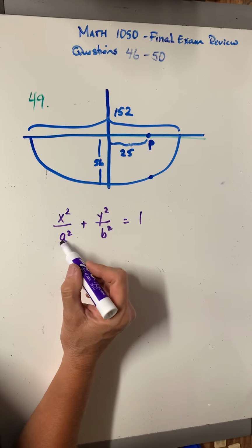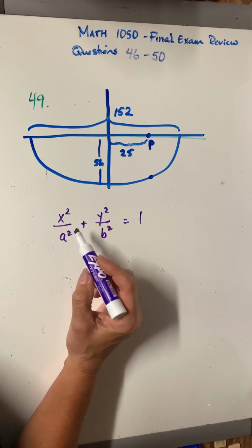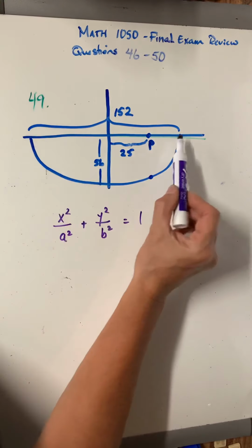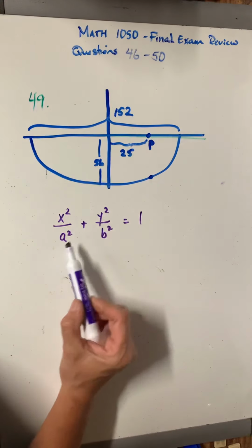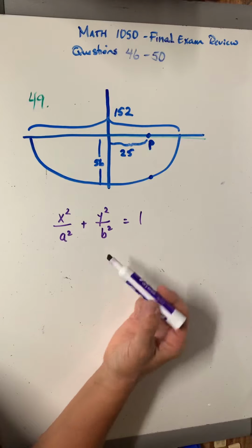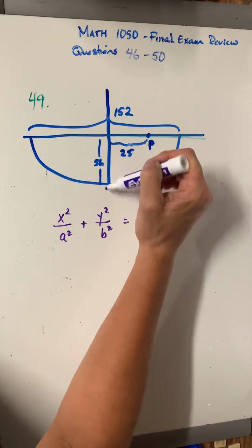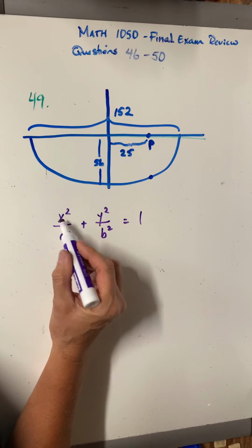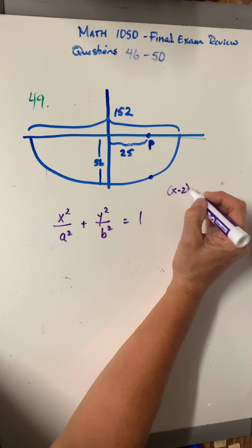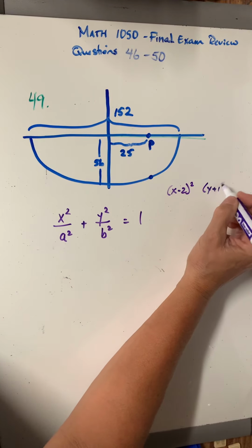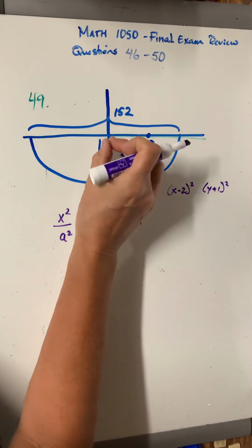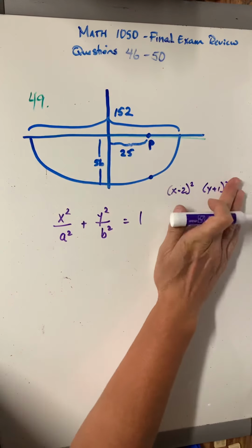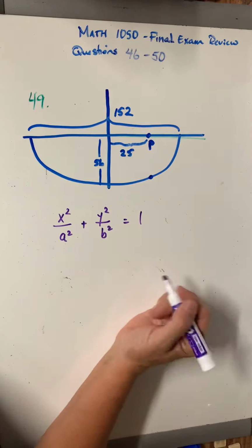A is always the longest direction, so my ellipse is longer in the x direction, so the a goes under the x, and my b is the shorter one, so it goes under the y. I don't have an expansion here like x minus 2 squared and y plus 1 squared. If I did, that would reorient my center, but I'm keeping my center at 0, 0 so that my equation is easier.